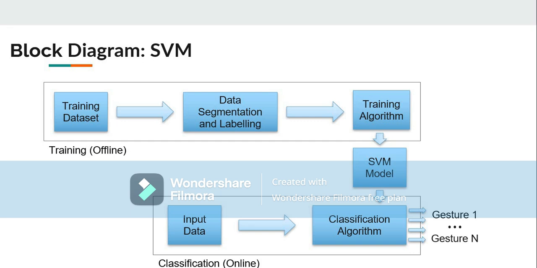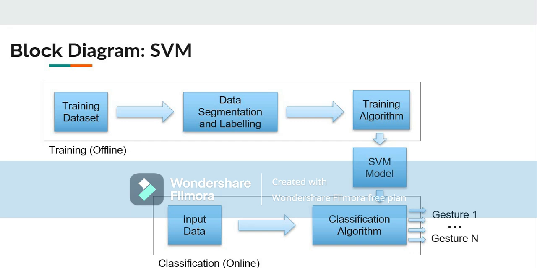It creates a hyperplane below which it will say that it's not tumorous, and if the data is above that, it will tell us that the image contains a tumor. First we have a training phase, and second we have a classification phase.